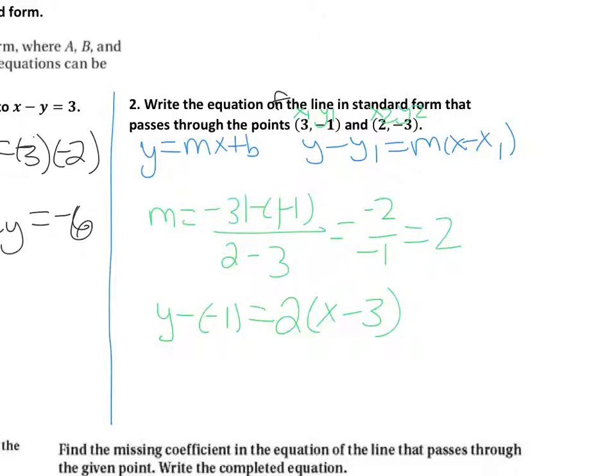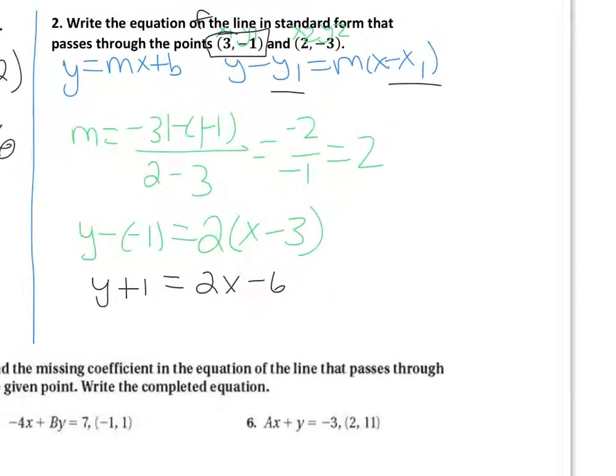So see, I used this point as the y1 and the x1. You'll get the same thing if you use this point as well, okay? Doesn't matter. Okay, so now I have y plus 1 equals 2x minus 6.